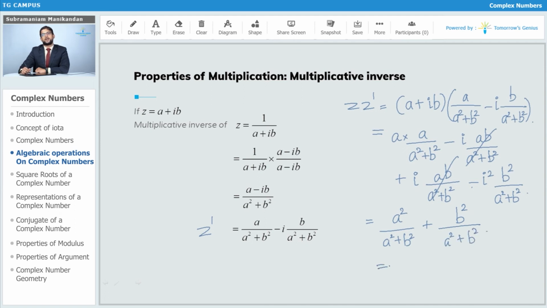And so we get a square by a square plus b square plus b square divided by a square plus b square. So therefore this will be equal to a square plus b square divided by a square plus b square, and thus we get 1, which means definitely a by a square plus b square minus I into b by a square plus b square is the multiplicative inverse of z is equal to a plus ib.